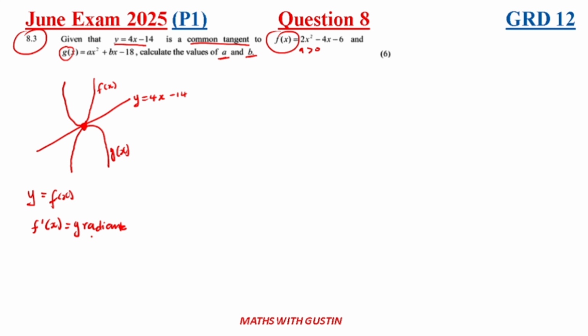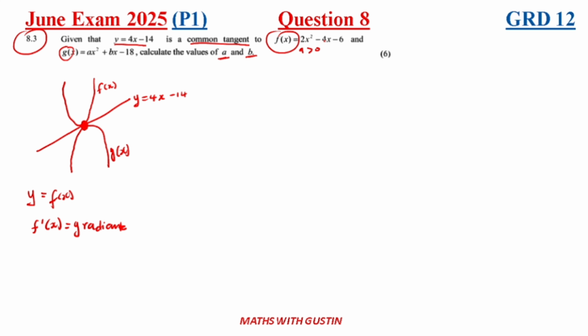That one we know for sure. We already know the gradient of this straight line, which is also the gradient when you derive this function, so we can equate them together.